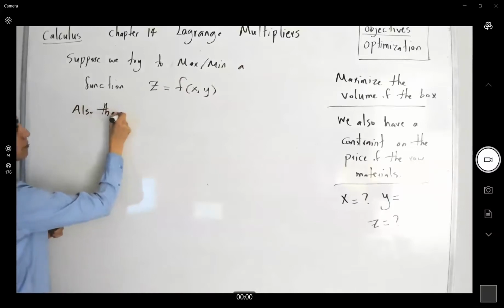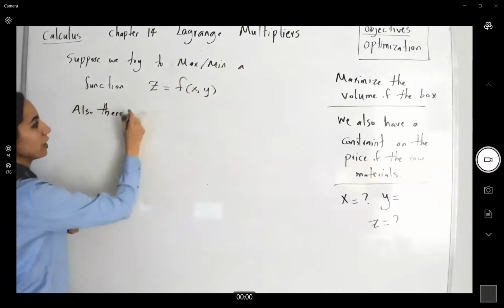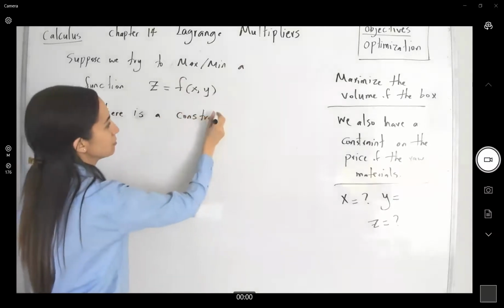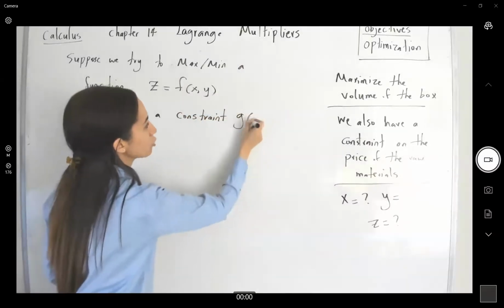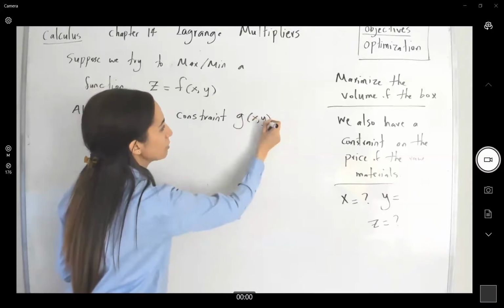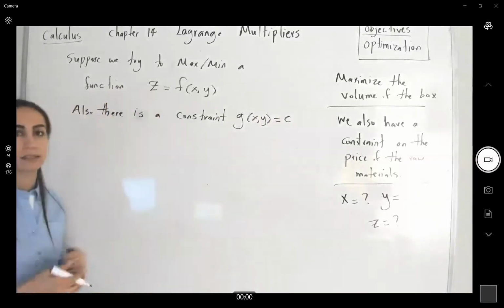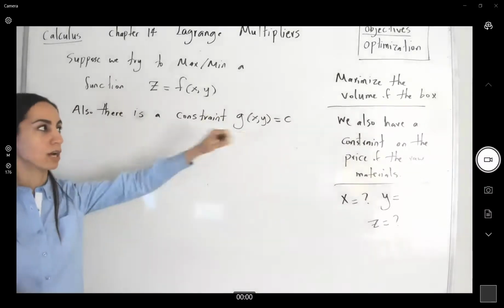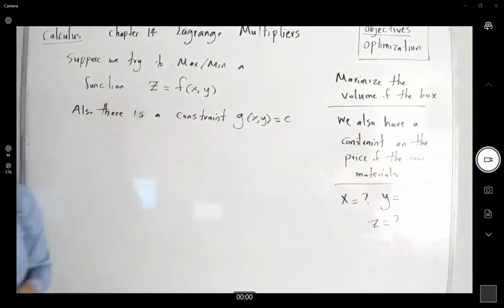There is a constraint like function g of x, y equals a constant c. So the price is fixed. You cannot change the price. So you have a constraint function.